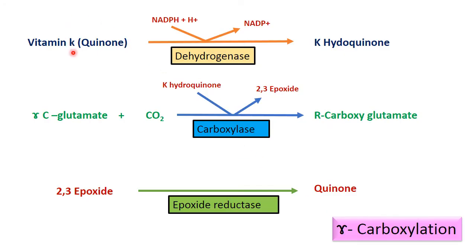Now we see the reactions, how coagulation takes place. First, vitamin K in the quinone form is converted to the hydroquinone form, and this reaction takes place in the liver in the presence of the enzyme dehydrogenase.